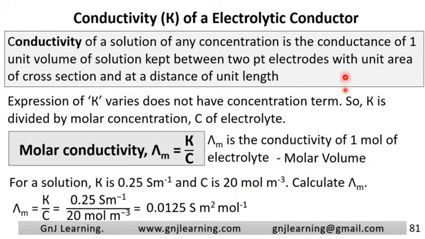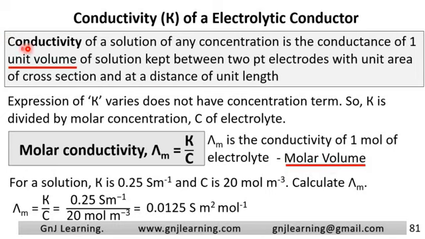Molar volume, you have to divide the entire volume by number of moles, then you will get the molar volume. So the difference is conductivity is about conductivity of unit volume, whereas molar conductivity is the conductivity of molar volume. Since we have molar volume and conductivity inside the same relationship, now we can say that conductivity is also expressing concentration inside it. So now we have a complete meaning of all the different variables present inside this electrolytic solution.